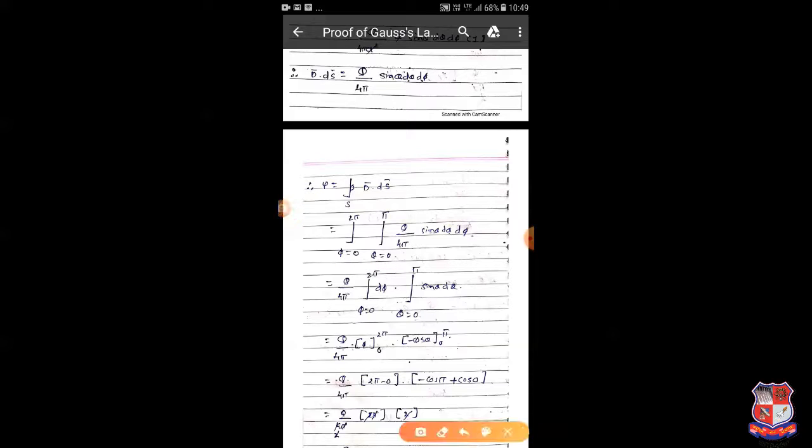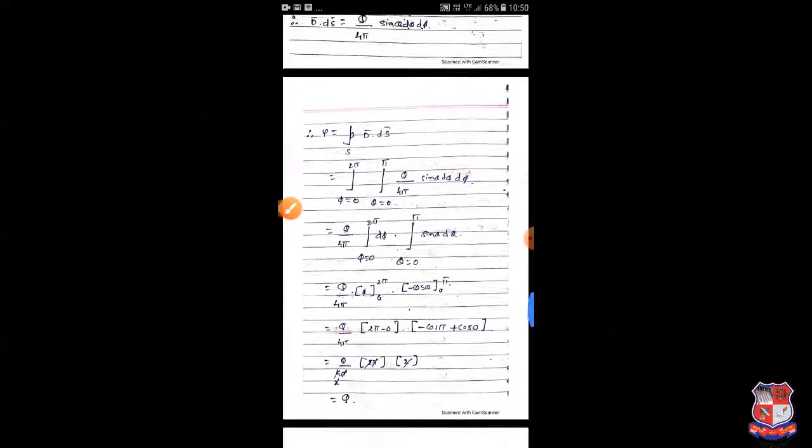Now we do the integration with respect to theta and phi. This Q over 4 pi is constant, so take it outside. Therefore Q over 4 pi, integration of phi from 0 to 2 pi d phi, into integration of theta from 0 to pi sin theta d theta. Now what is the integration of 1 with respect to phi? That is phi. And the integration of sin theta is minus cos theta. Put the limits 0 to 2 pi and 0 to pi.